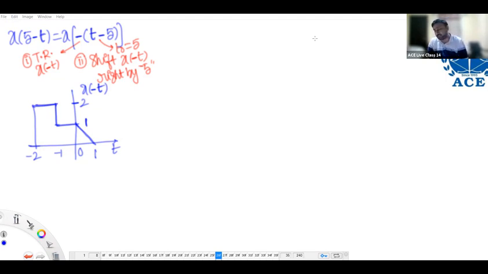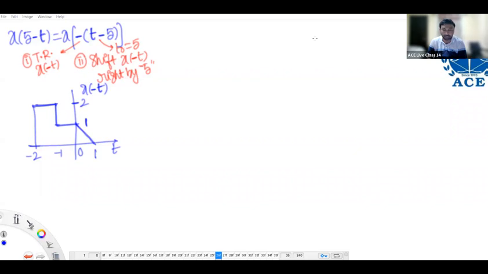The easiest way to recognize time reversal in your notes is, everyone observe the x of t graph thoroughly. Very deeply you observe x of t, and turn the page. Observe the image of x of t. That will look like x of minus t. That is what rotating with respect to the y-axis means.